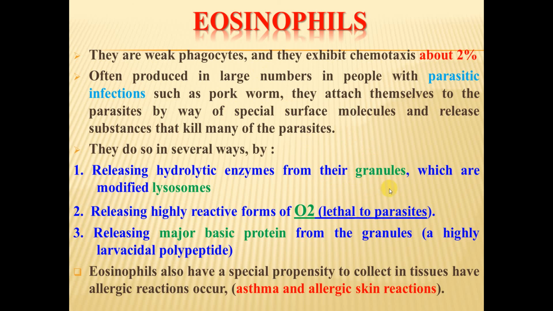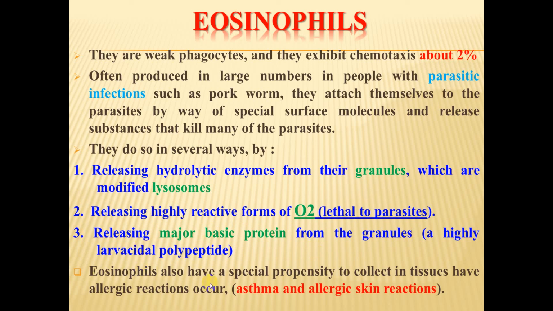احنا قلنا eosinophil يكون red color الجرانيولز مالتها تكون acidic. These granules are able to release hydrolytic enzymes, which are modified lysosomes, releasing highly reactive forms of oxygen lethal to parasites, and releasing major basic protein from the granules, also a highly larvicidal polypeptide عبارة عن polypeptide لكن يكون قاتل لليرقات الباراسايت.